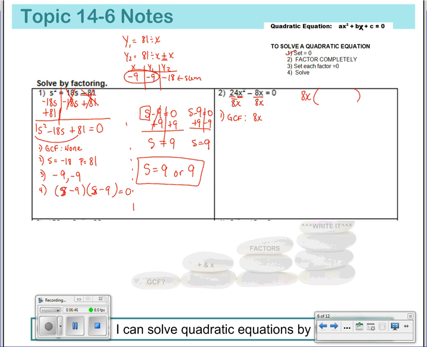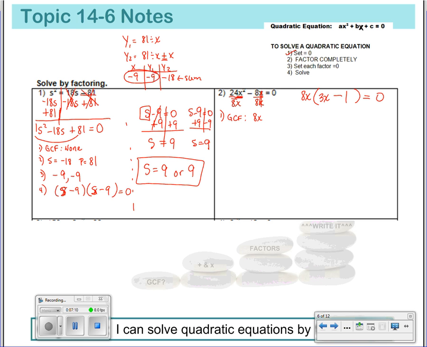When I factor it out, what I'm left with, 24 divided by 8, that gives us a 3. And then x squared divided by x, we are still left with an x. Minus 8 divided by 8 is 1, and then the x divided by x, they cancel out, so I'm just left with 1. Again, this is still equal to 0.